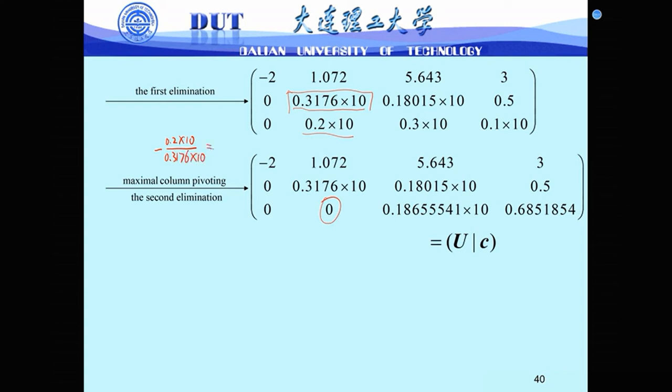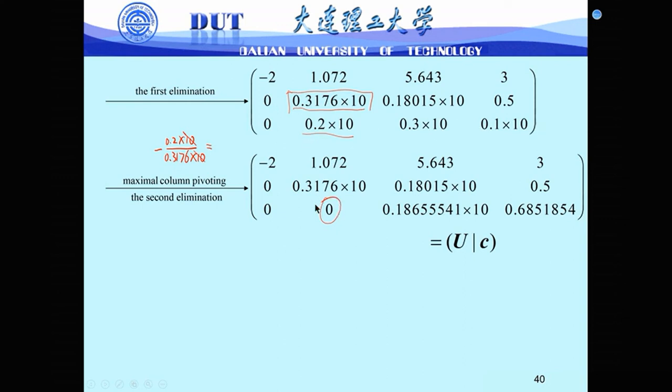So it is, okay, 10 disappear. So it is just 0.2 divided by 0.3176 with minus, right? Okay, you can practice by yourself. This is the multiplier. Then you use this number, multiply the second row, add to the third row.